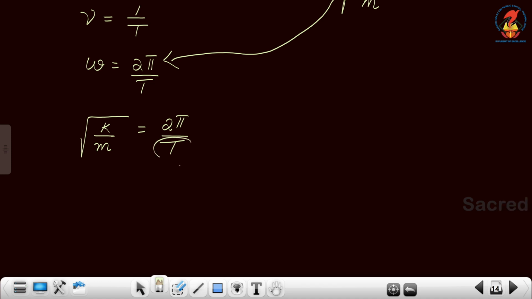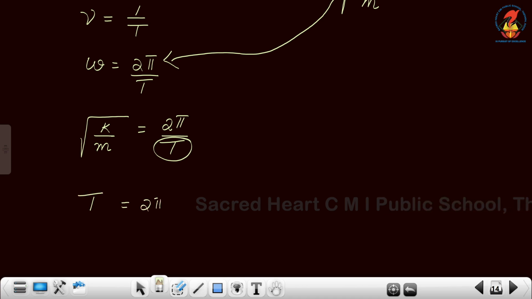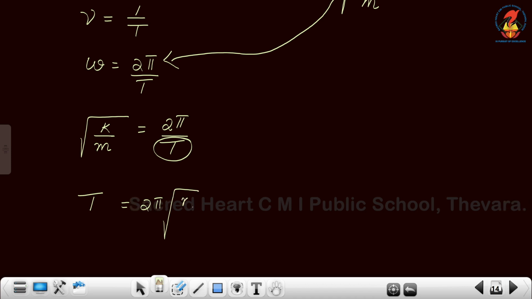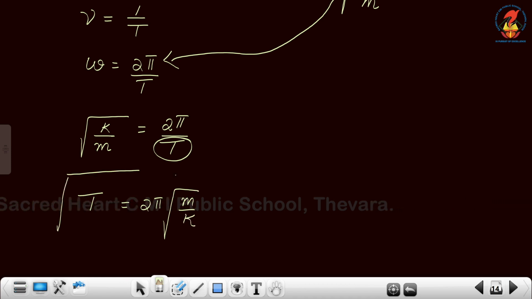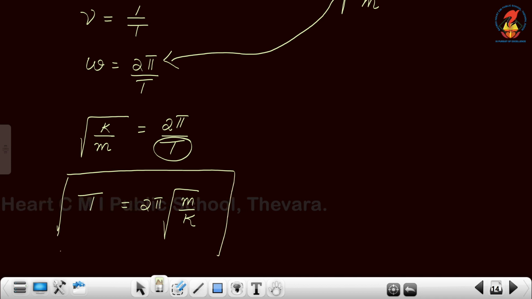Our aim is to find out the time period of the harmonic oscillator. So, rearranging the equation, we get time period is equal to 2 pi root of m divided by k. So this is the equation for the time period of a harmonic oscillator. I hope this much is clear to you.